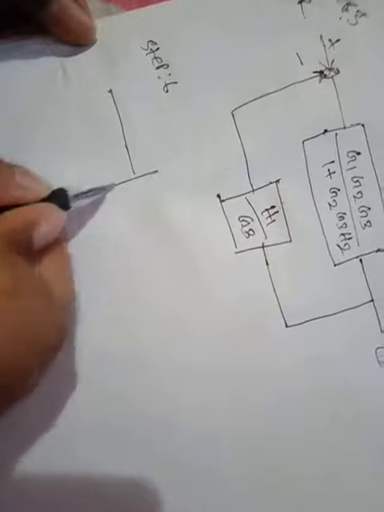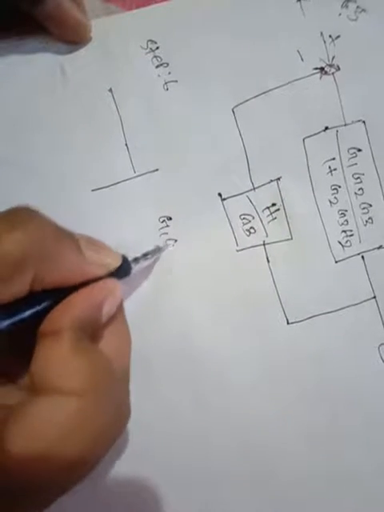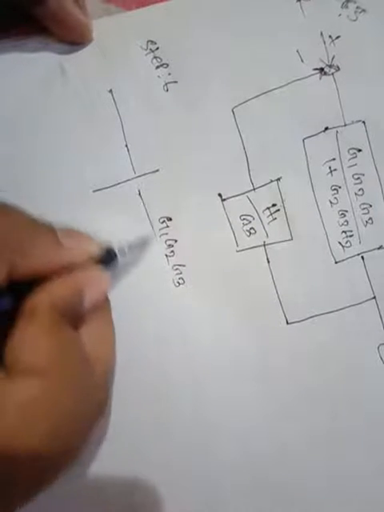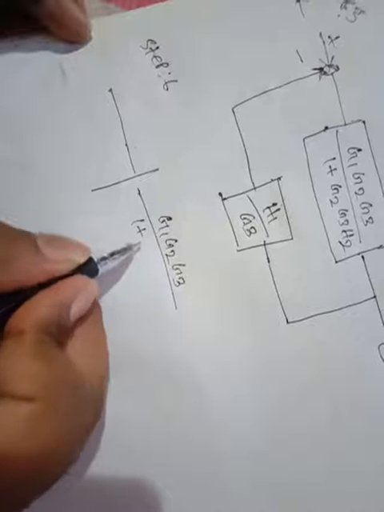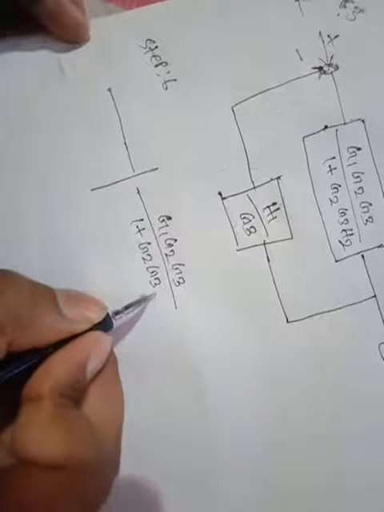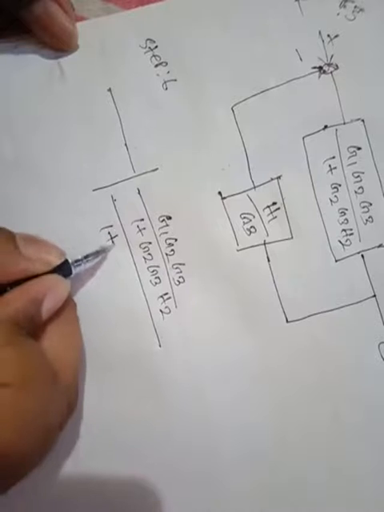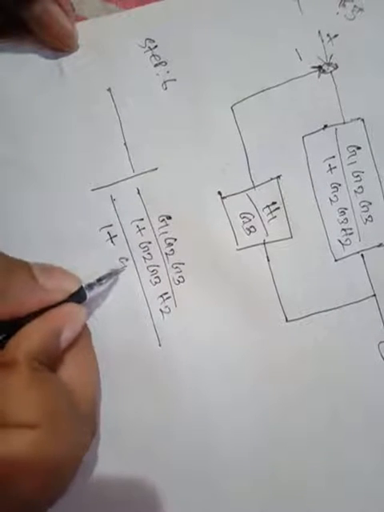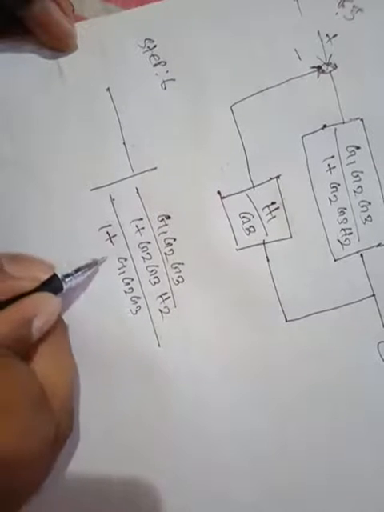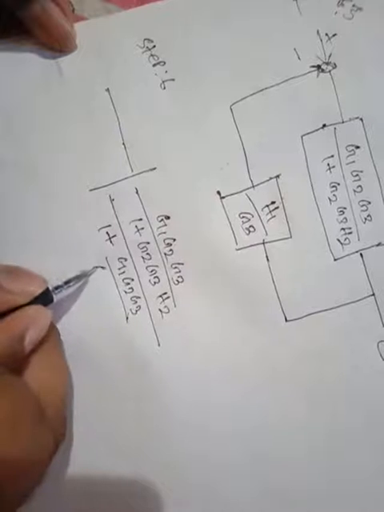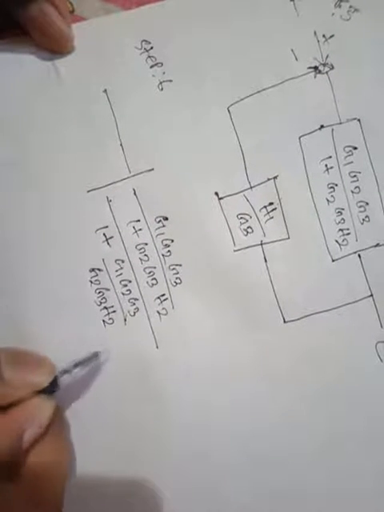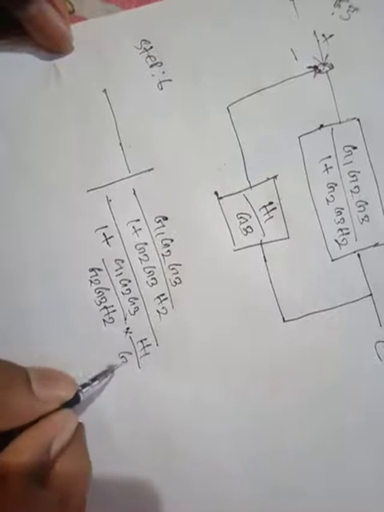Then step 6. G1, G2 and G3 by 1 plus G2, G3 into H2, by 1 plus Gs, G1, G2, G3 by 1 plus G2 G3 plus H2 into H1 G3.